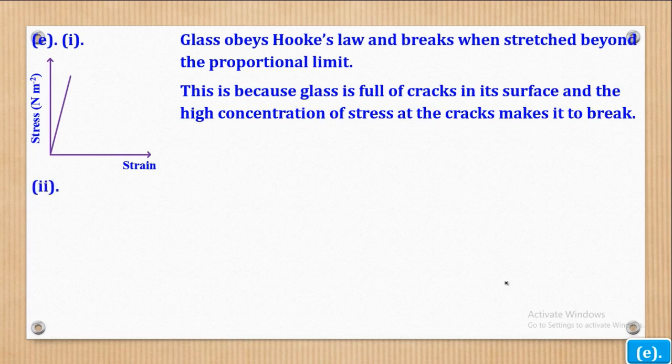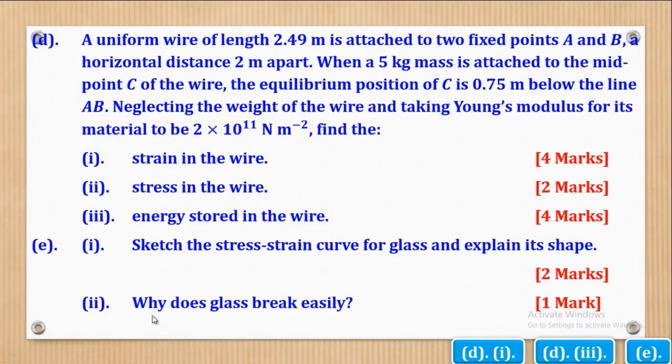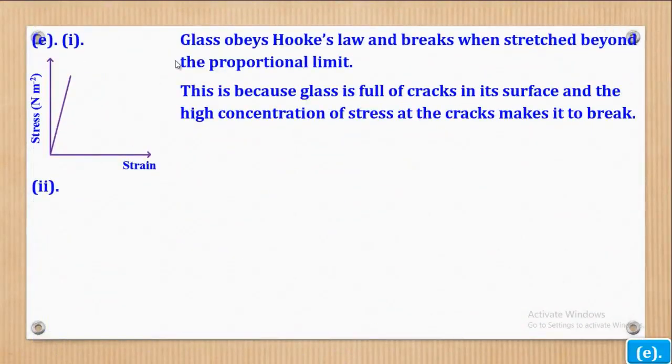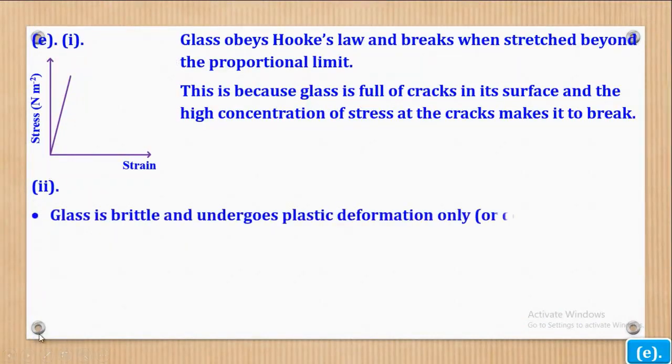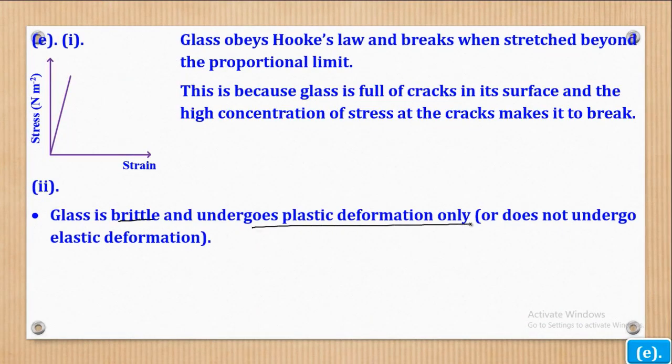So that was Roman 1. Now what about Roman 2? Roman 2 says, why does glass break easily? So this is somewhat like a repetition, but we shall still answer it. So one of the reasons is glass is brittle and undergoes plastic deformation only. It does not undergo elastic deformation.